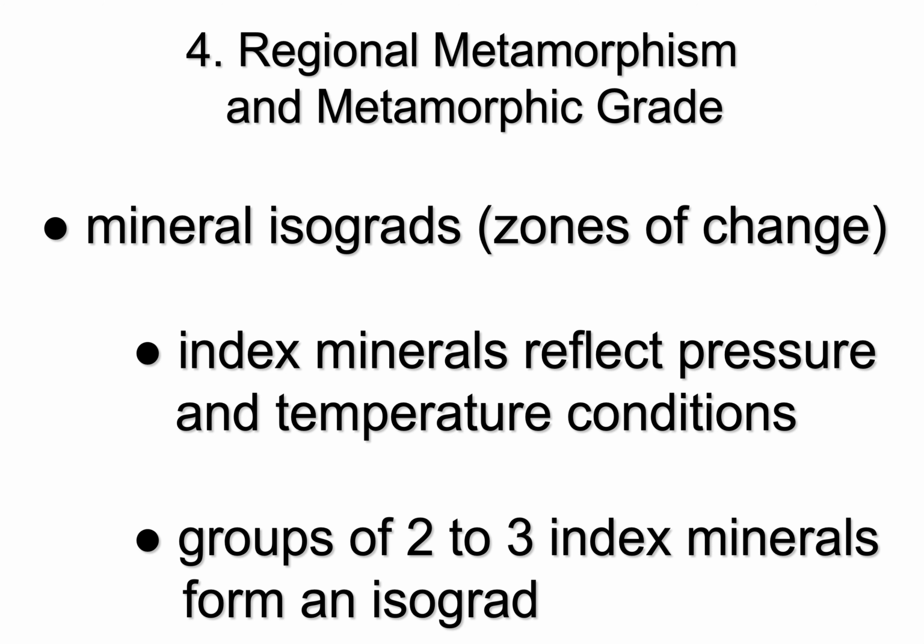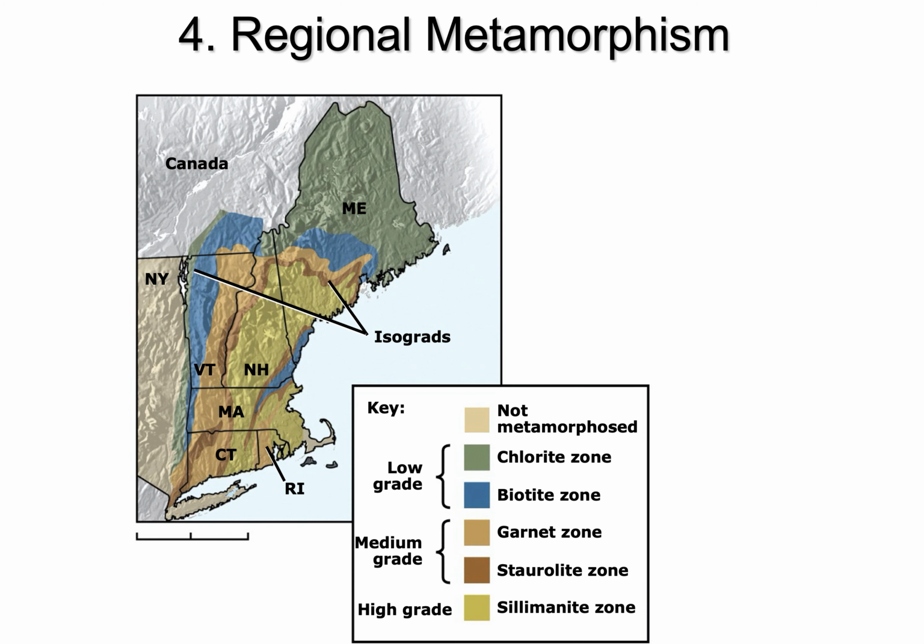And now I will show you an example of mineral isograds, how they are formed and what they can be applied for. Here we have a map of the east coast of the United States of America.